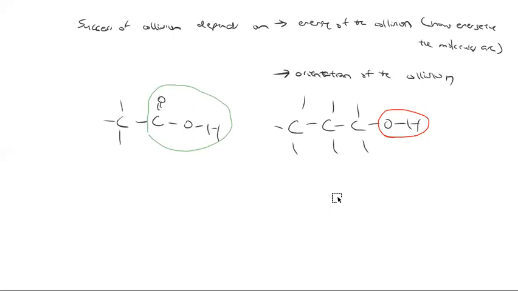But for that to happen, we define that collision to be successful. Not only do you need to collide, you need to collide successfully. And to collide successfully, the energy of the collision must be high enough and the orientation of the collision must also be appropriate. Does it make sense?